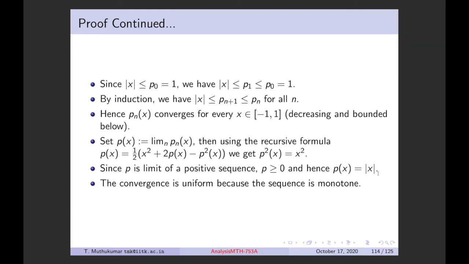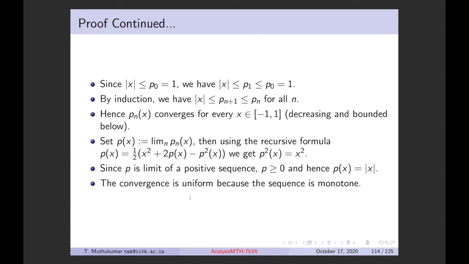And the convergence is uniform because the sequence that you chose was a monotonically decreasing sequence. In the previous lecture I had given you this exercise, that if you have a monotone sequence converging pointwise, you can actually show that it's a uniform convergence.